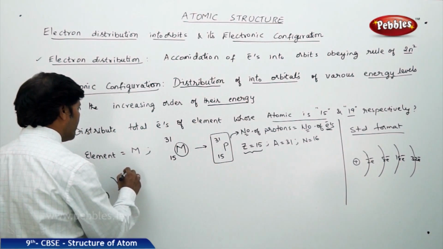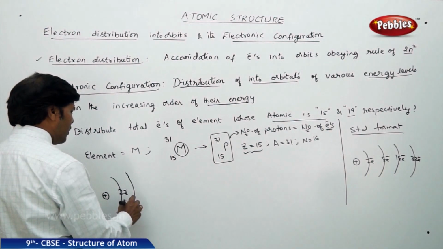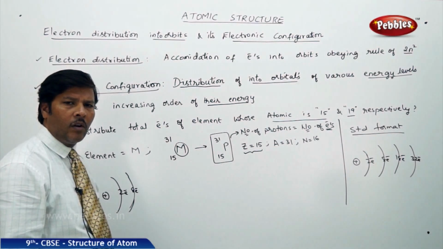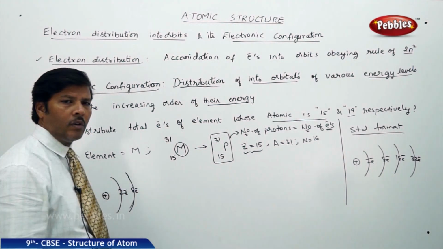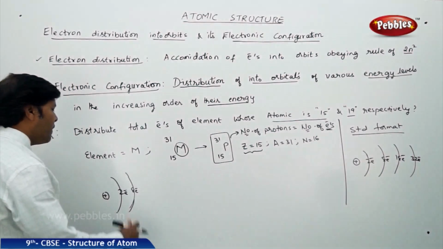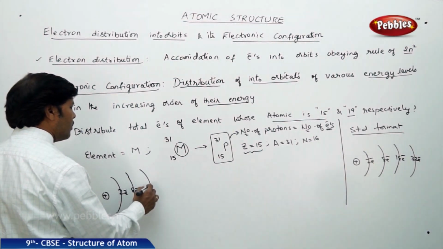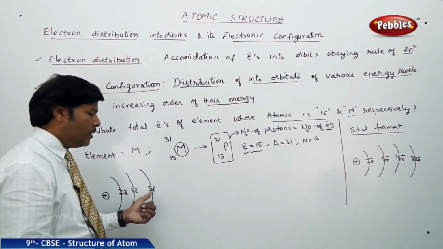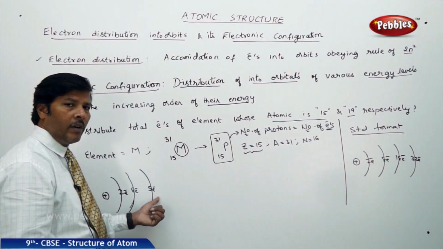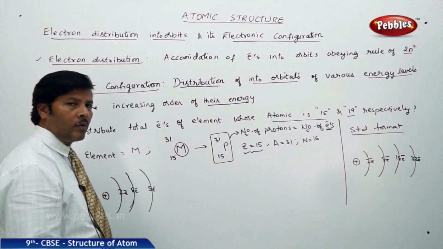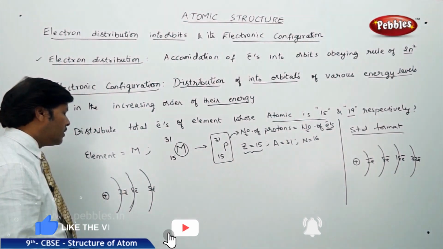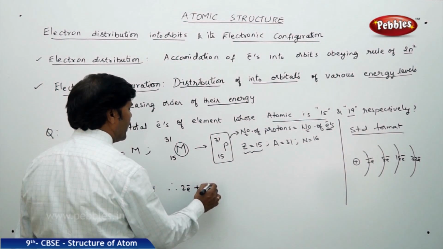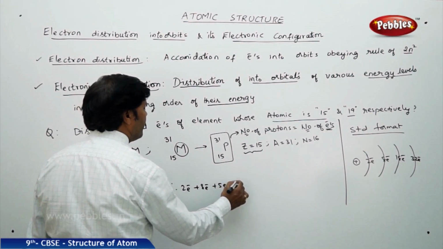The second orbit can accommodate a maximum of 8 electrons, so far 2 plus 8, 10 electrons are filled. The remaining 5 electrons will go to the third orbit. The actual capacity of the third orbit is 18 electrons, but right now we are filling only 5 electrons. If you count all the electrons: 2 plus 8 plus 5, total 15 electrons.